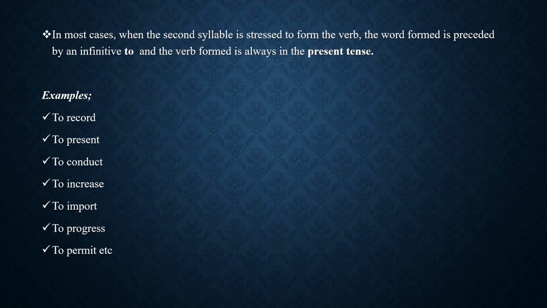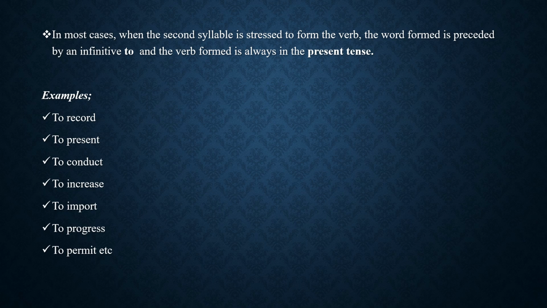That is very important for us to note: to identify a stressed word in a sentence as a verb, we can look at the infinitive to that is attached to that word to make it a verb. And the good thing is that when you attach the infinitive to the word, that word becomes a verb, and it will always be in the present tense.